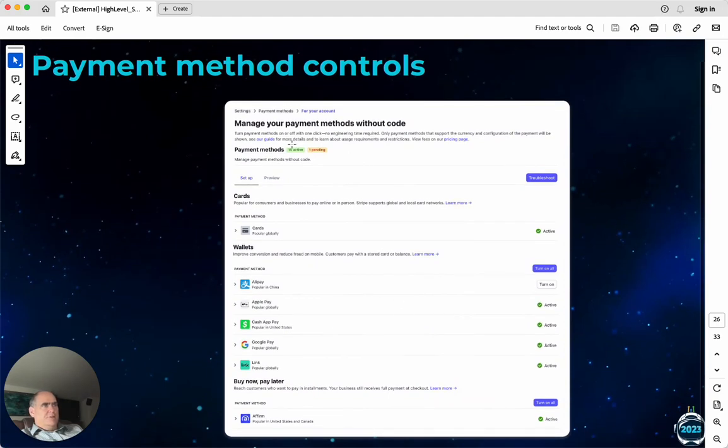Payment controls, yeah. So payment method controls, it's mostly you just turn these things on and off, whatever you want to present during a checkout. And I do try to keep it pretty simple, really quite simple. Typically Stripe and PayPal. A lot of people doing that, and put the Stripe first, as I said.